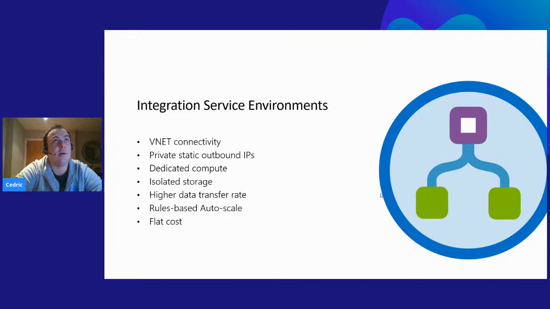It is, again, like we had with Azure Functions, still serverless but with dedicated compute, right? So you get a dedicated compute, you get private static outbound IPs and inbound IPs where needed, with load balancing and so on. If you want, you can do VNet connectivity, isolated storage, and a flat cost.